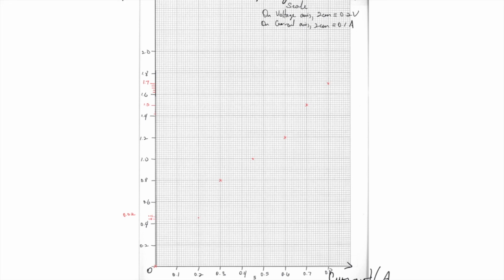So I have my graph here. I put my pencil down. Where's my ruler moving? I think I will accept that there, even though it really isn't a good line of best fit that I'm doing there.